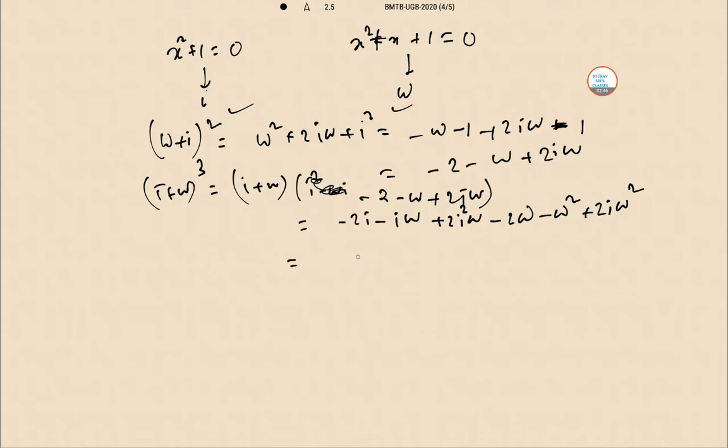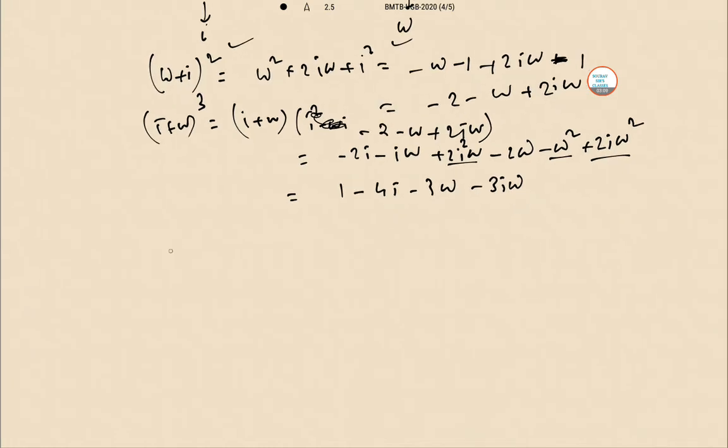Recalling that i square is minus 1, this will be minus 2 omega, and there will be another term. Doing all these things, omega square is replaced with minus omega minus 1, so we get 1 minus 4i minus 3 omega minus 3i omega.